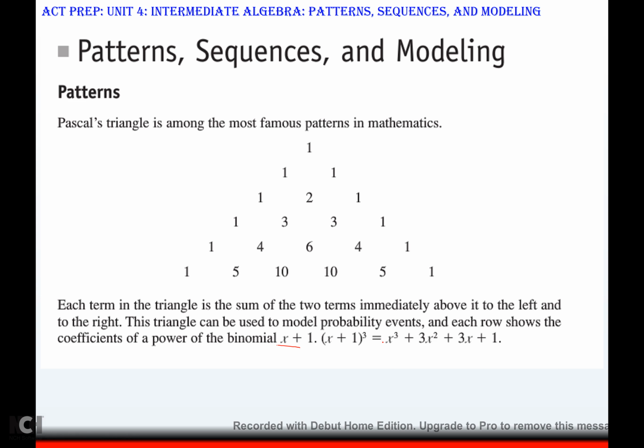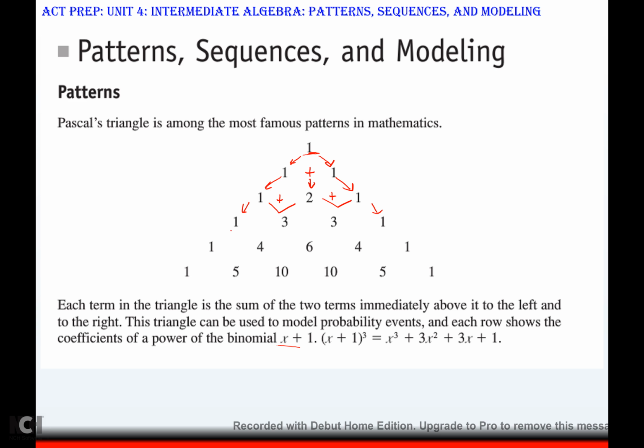You can also use it to model probability, and what you do is you start with 1, and you drop those, and then you add these. 1 plus 1 is 2, and then again you drop your 1's on the end. To get this number, you have 1 plus 2 is 3, 2 plus 1 is 3, and then the 1 drops.